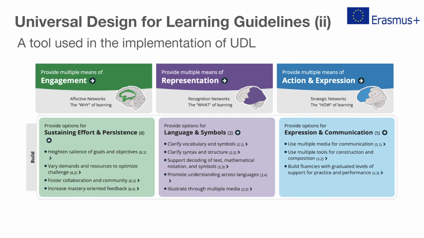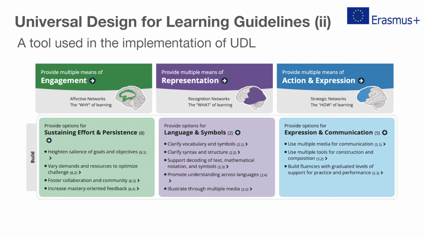In order to build the knowledge, it is necessary to provide options for sustaining effort and persistence: heighten salience of goals and objectives, vary demands and resources to optimize challenges, foster collaboration and community, and increase mastery-oriented feedback.